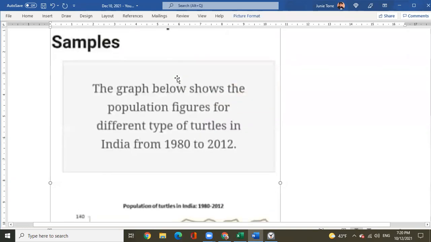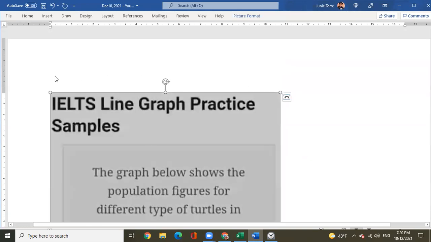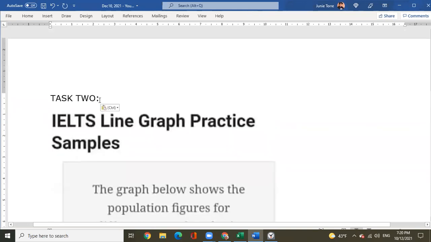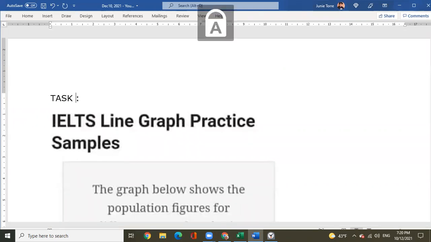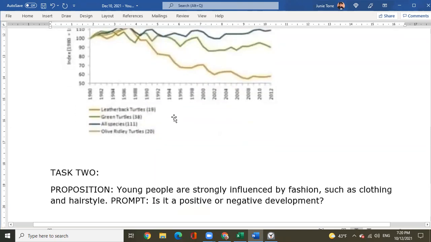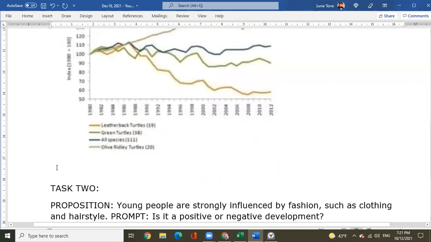But some people like me would rather do task one first because it somehow gets me into a writing rhythm. But whichever one I do first, I will always make sure that my task one takes only 20 minutes.